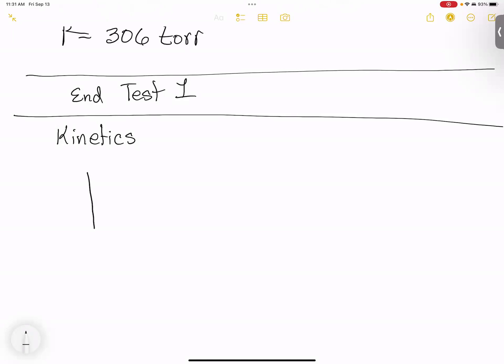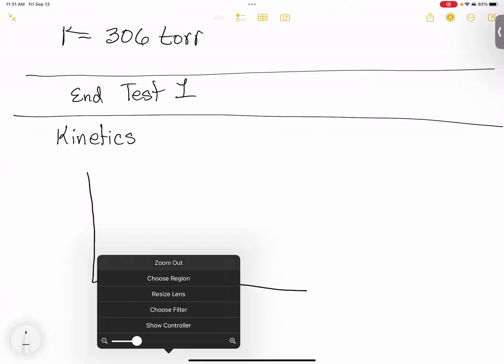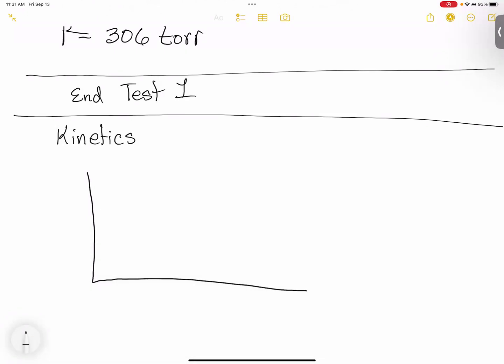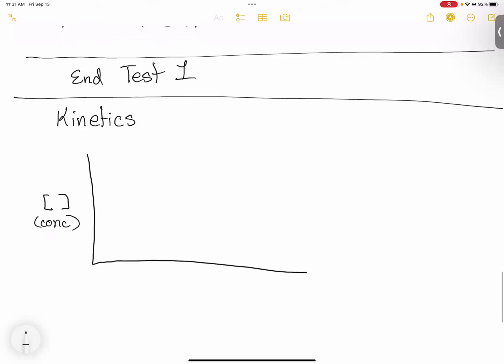So we can start with a very general graph that generalizes what occurs in a reaction. From this point on, if you see brackets around something, that means concentration. And we can graph the concentration versus time.